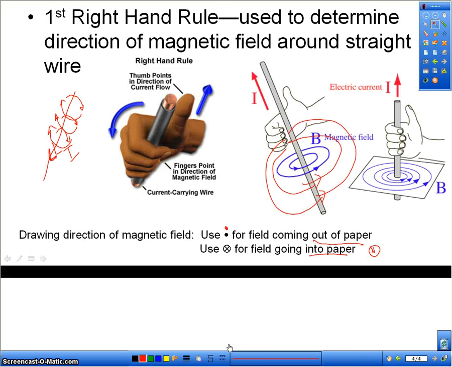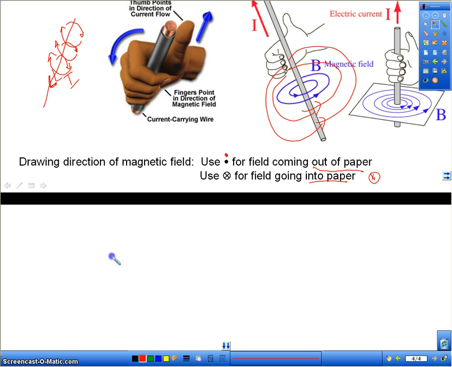So for example, if I had a current that was running this way, so assuming that's a nice straight wire, you'll do a better job than I do, I can put my thumb in the direction of that current. So that would be my thumb pointing to the right. And as I curl my fingers around, my fingers at the top of the wire, above the wire, come out at me.